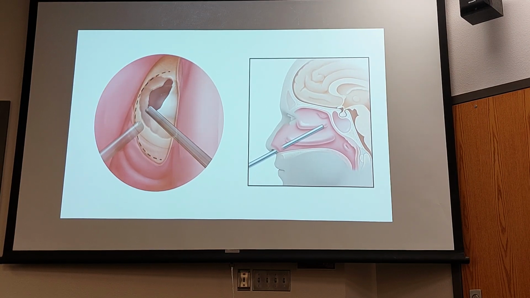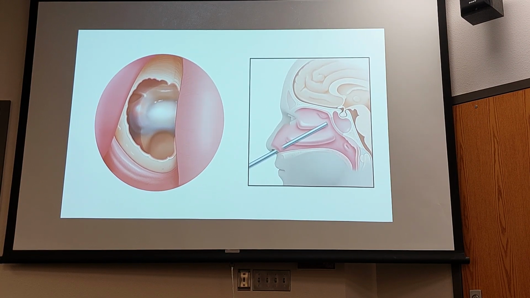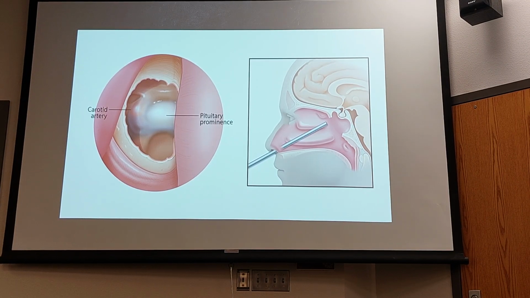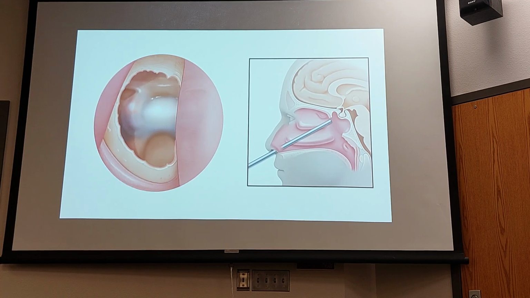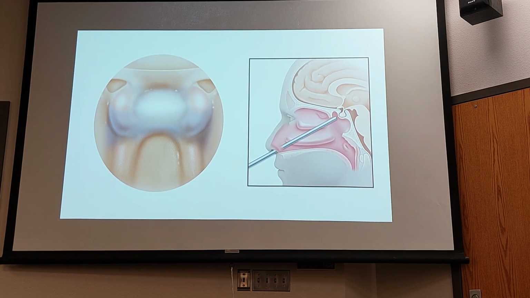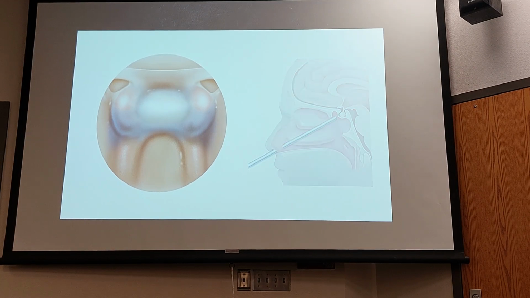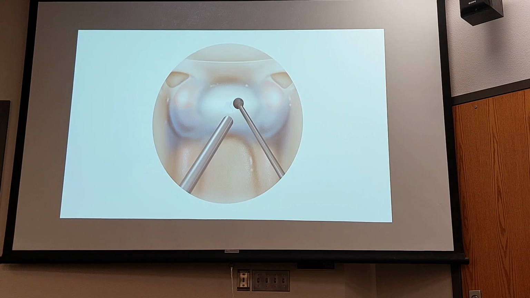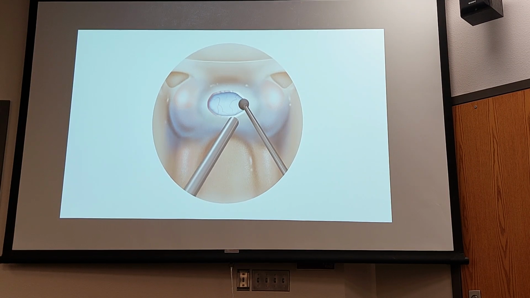This gives us access to the posterior wall of the sphenoid sinus, where we can identify the prominence of the pituitary gland, carotid arteries, cavernous sinus, and optic nerves. Here we can see the location of the endoscope inside the sphenoid sinus and the close-up view it provides. We use a high-speed drill to carefully remove the bone that covers the pituitary gland.